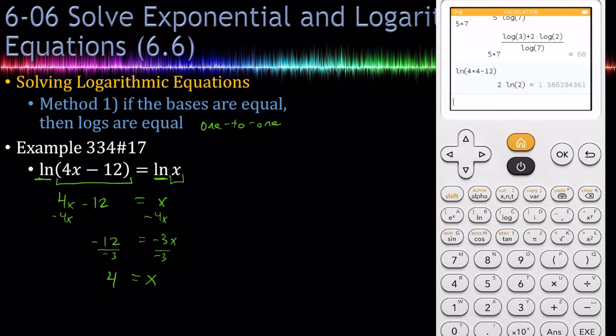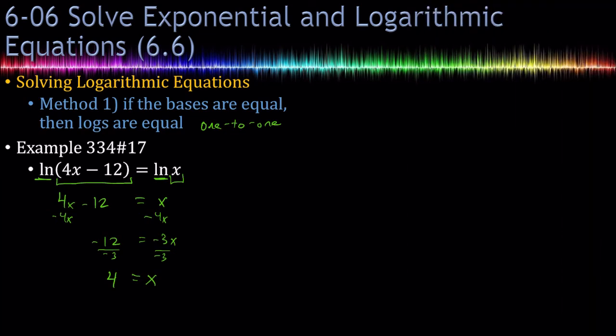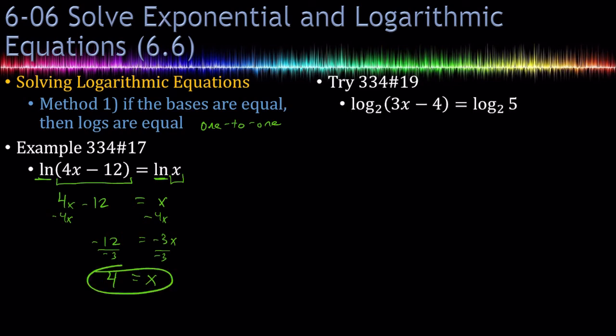So on that side, I get 1.386. The other side, ln 4 is the same thing. Why don't you try number 19? The answer is 3.